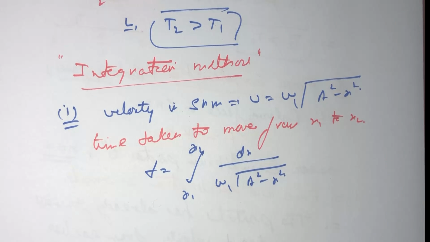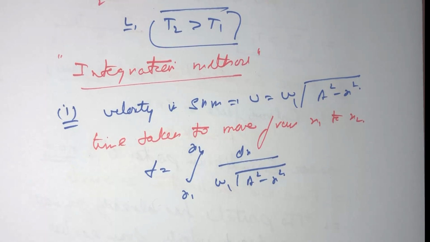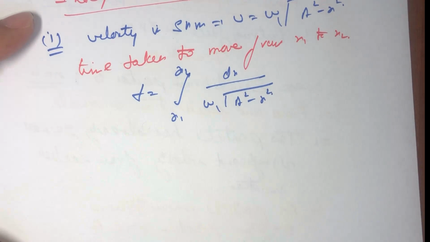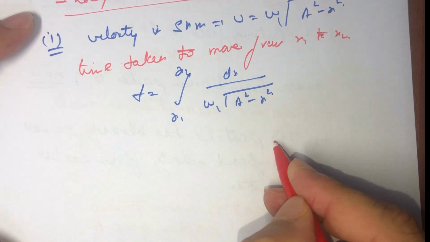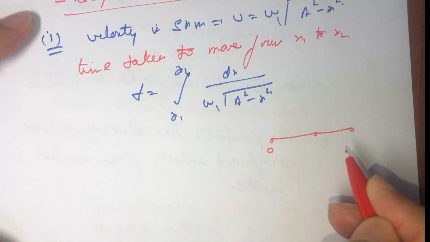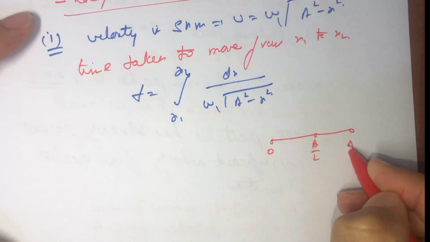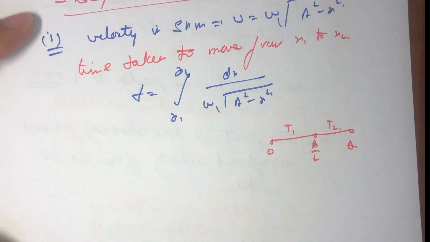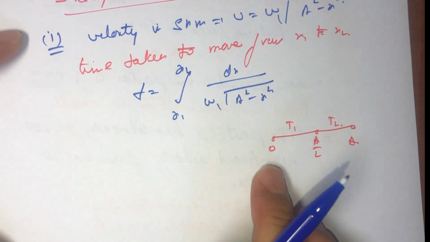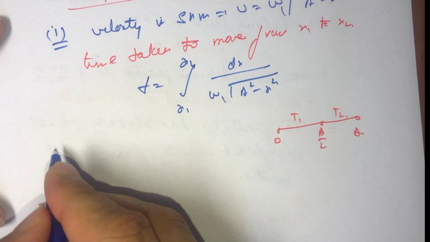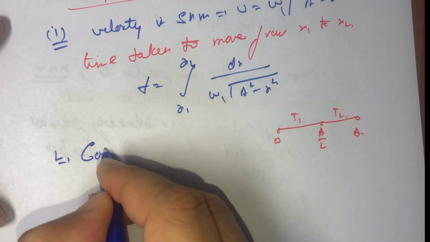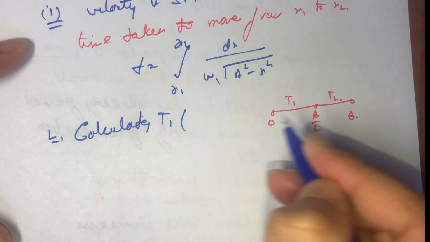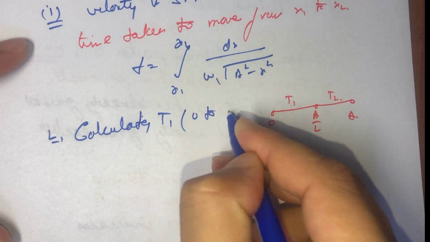Now we divide it into two parts. In the first part, let me draw the figure once again. This is our mean position, this is a by 2 and this is a. This is our time t1 and this is our time t2. We are going to do the calculation for t1, which is from the mean position, that is 0 to a by 2.